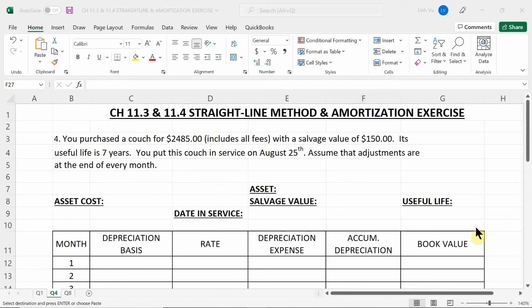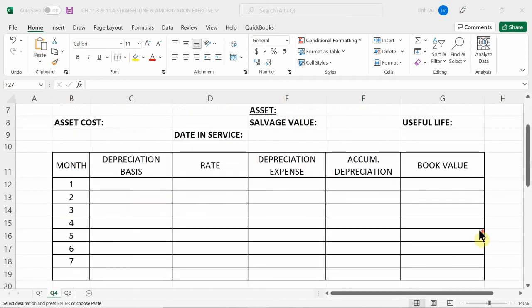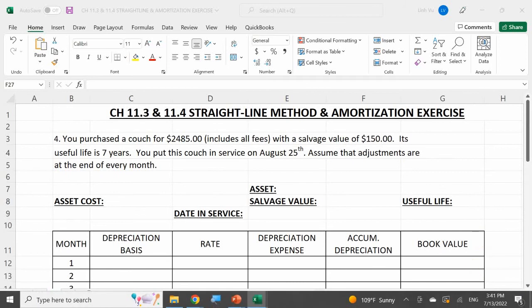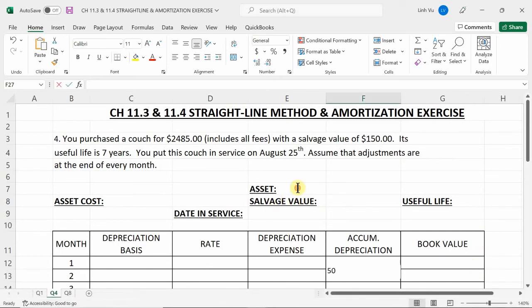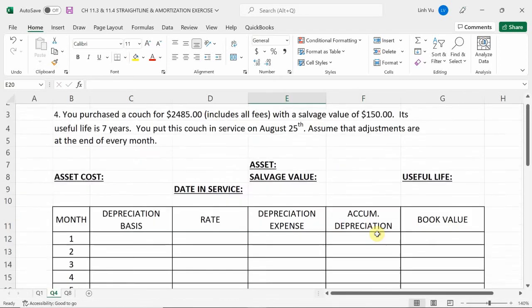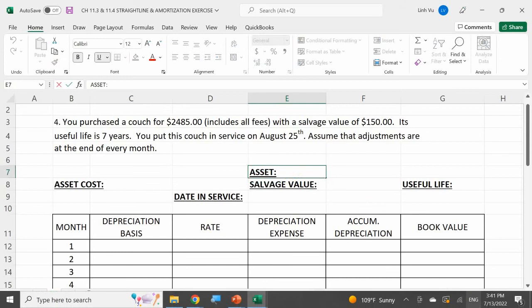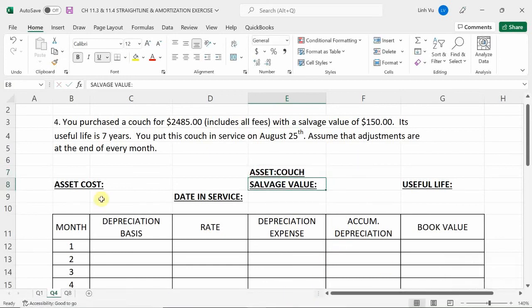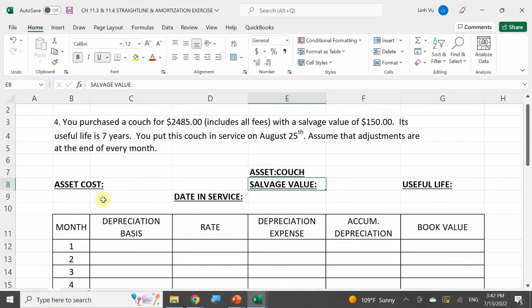Okay. So, what's my depreciation basis? Or well, let's solve for our variables. What did I buy? A couch. How much did the couch cost you? $2,485. Okay.